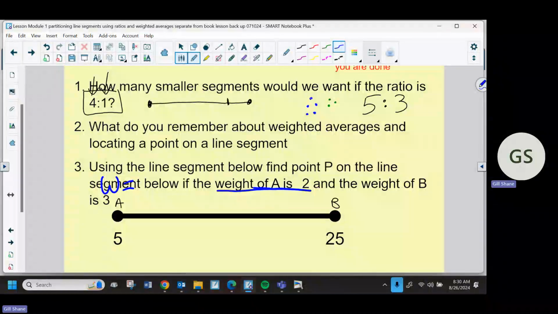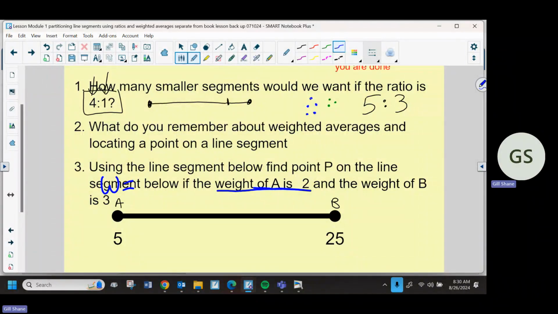Don't worry about the "as much as" that follows. That's not normally important. If you get what that means, fantastic. But if you're really struggling to pick the weights out of the problem, it tells you where the weight or the point itself is. Weight of A is 2.